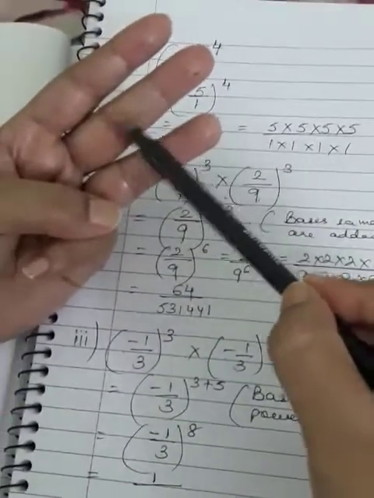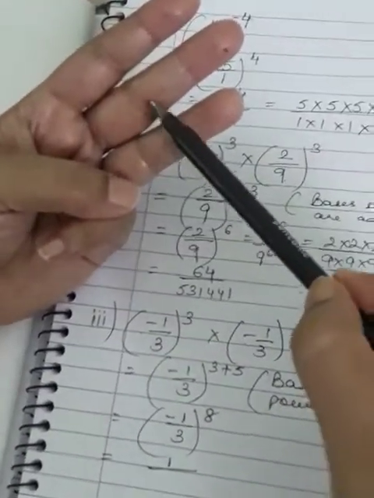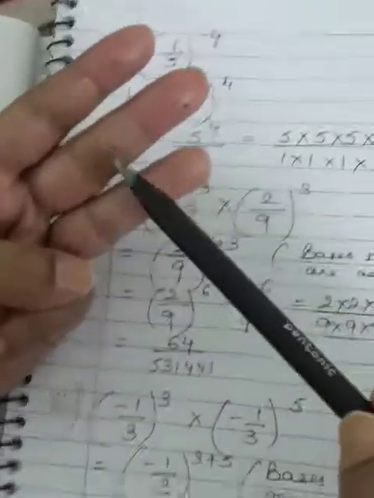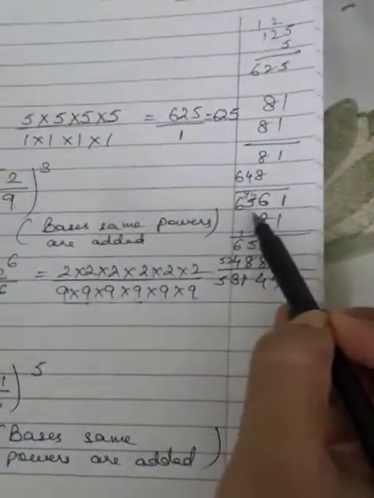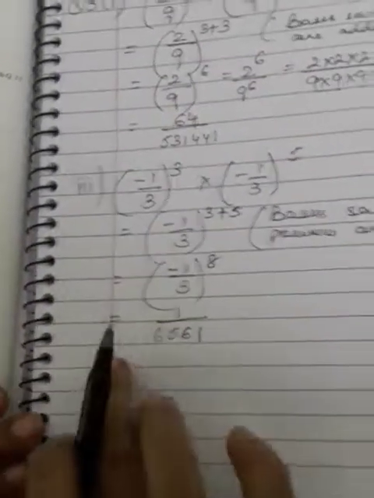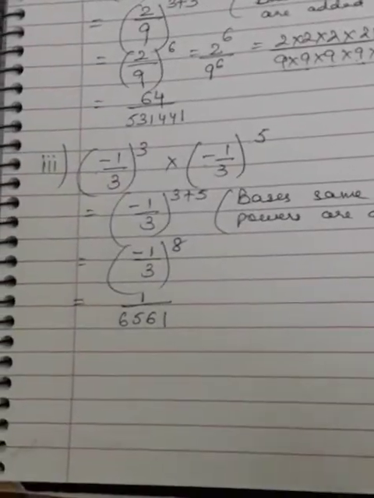So 4 times more. 3 3s are 9, 9 3s are 27, 27 3s are 81. That means 81 till here, again 81, 81 into 81. We have done already here 81 into 81. That is 6561. Still, if you cannot do on the fingers, you can write 3 eight times, then you multiply. Answer will be same only.